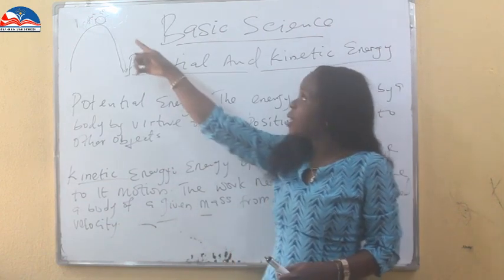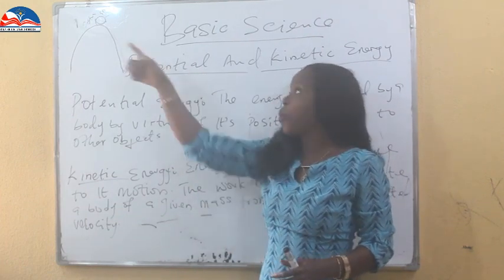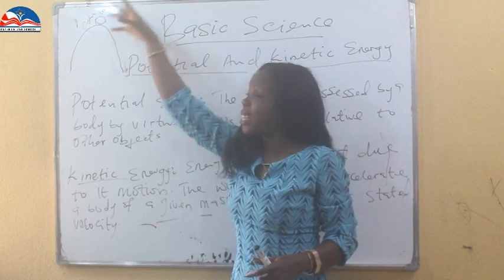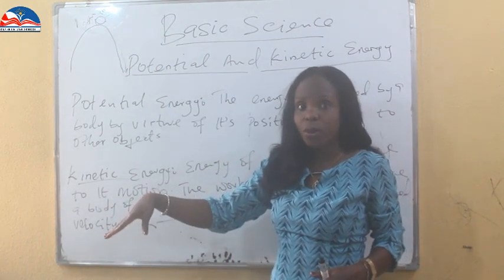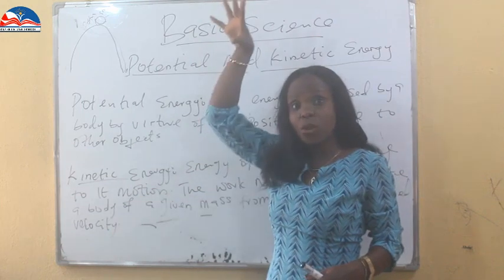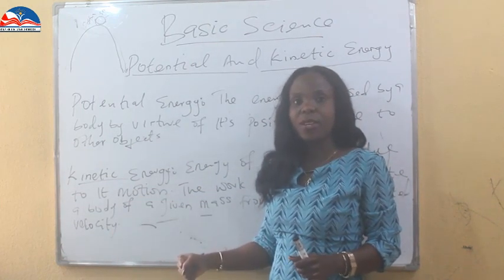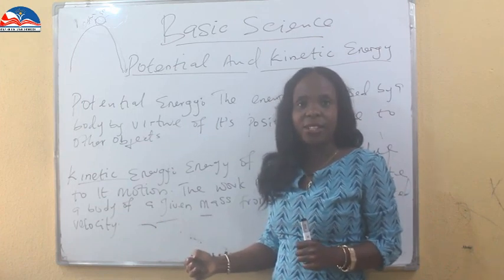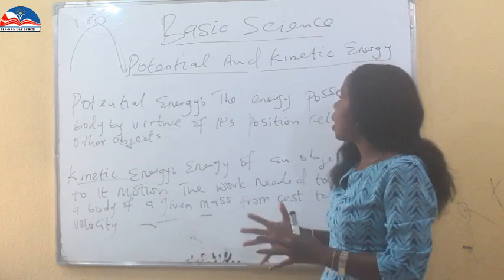So the height gives it its energy, because if you push this stone from this height down to the bottom of the hill, the force at which it is going to drop down has given it that high energy. That is for potential energy.